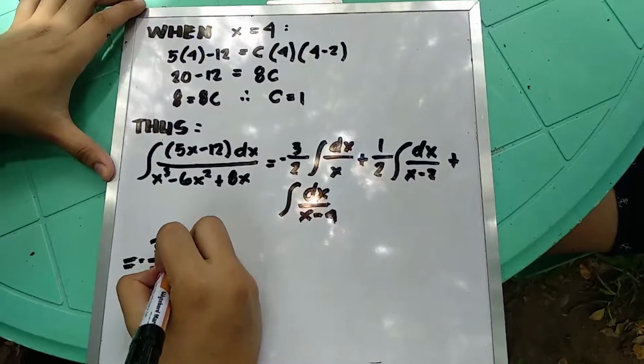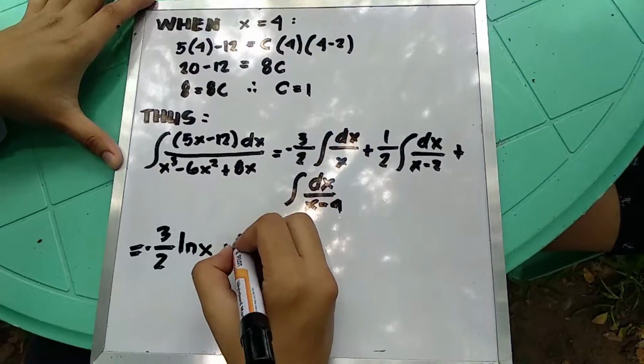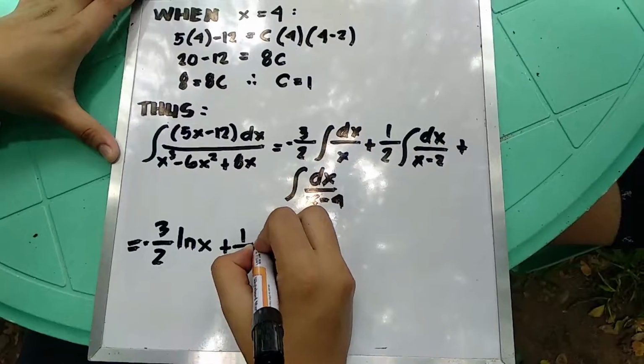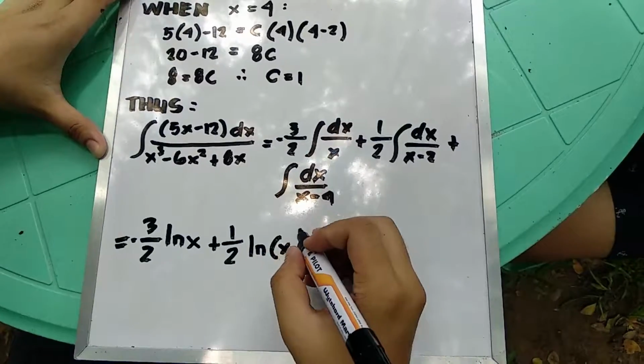The answer would be negative 3 over 2 ln x plus 1/2 ln x minus 2 plus ln x minus 4 plus c.